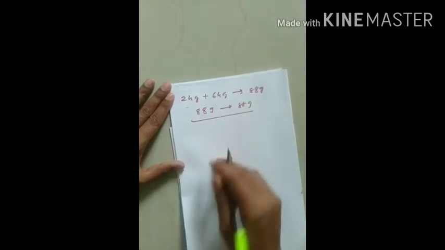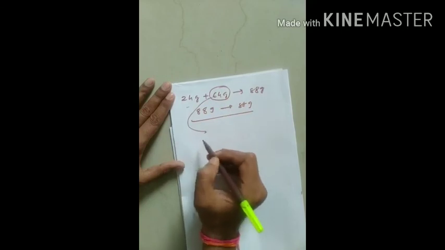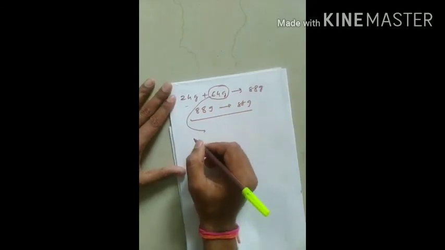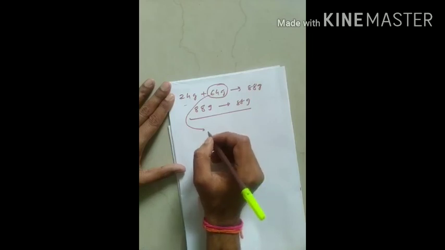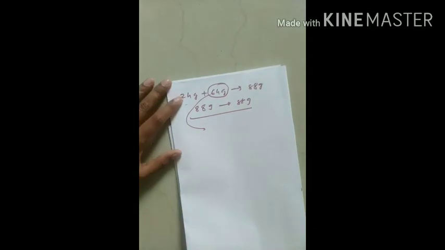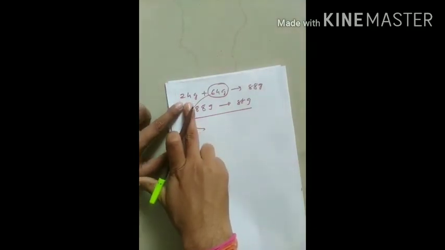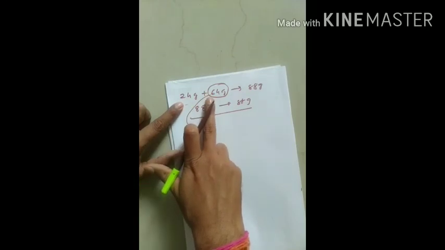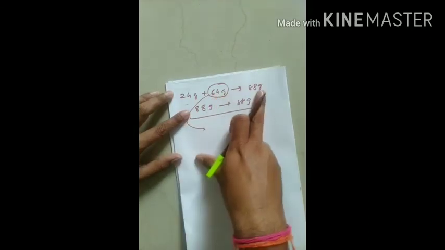So what it means is, according to the question, when 24 gram of carbon combines with 64 gram of oxygen, that gives me 88 gram of carbon dioxide.